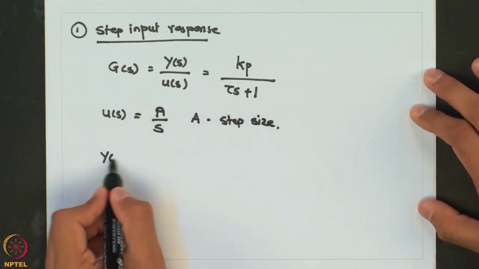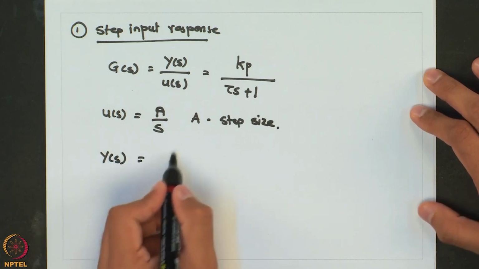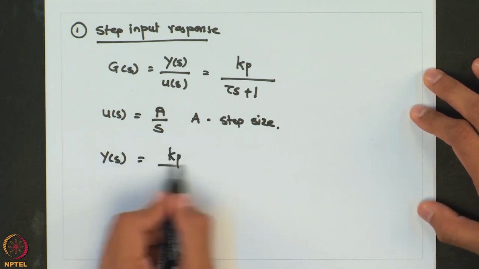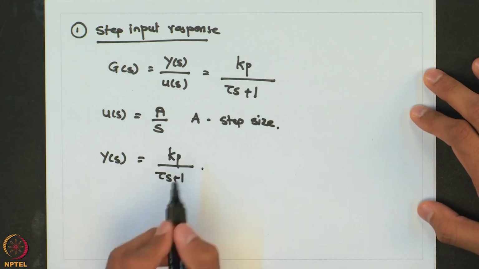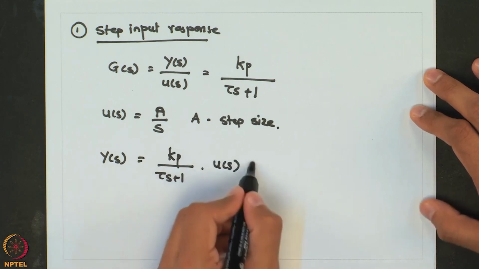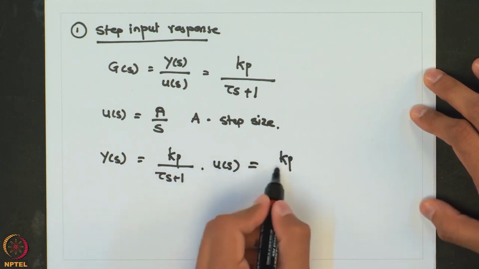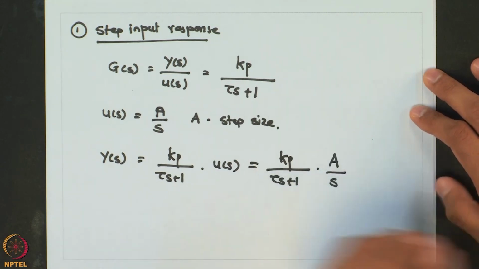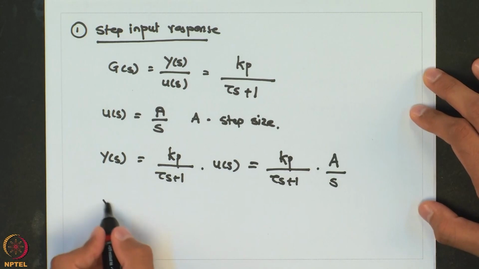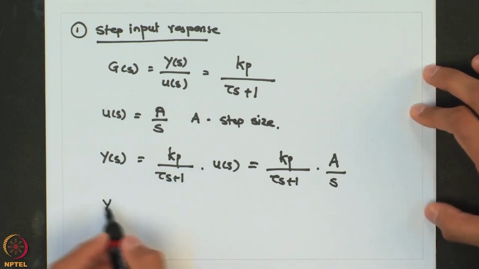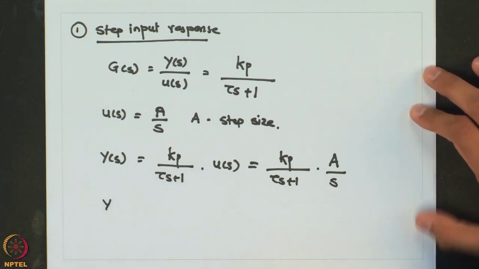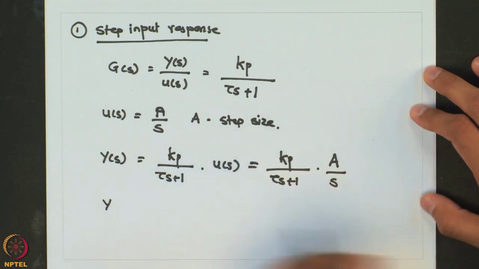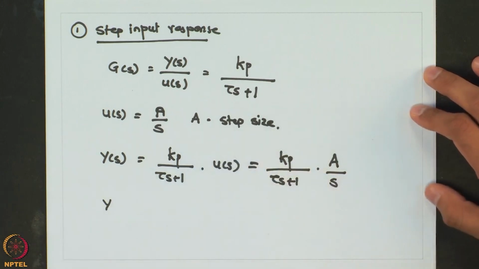So, if we want Ys, it will be Kp over tau s plus 1 times Us, which is Kp over tau s plus 1 into A over s. So, that gives Ys is equal to A Kp over s (tau s plus 1).